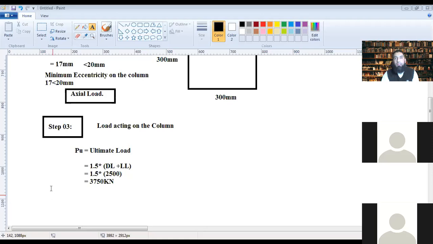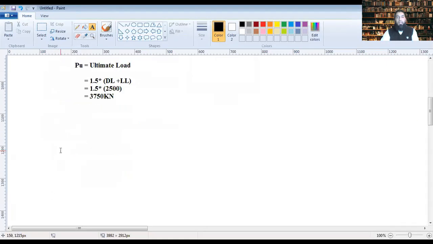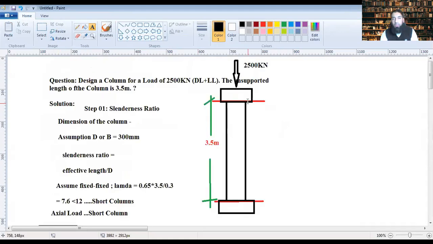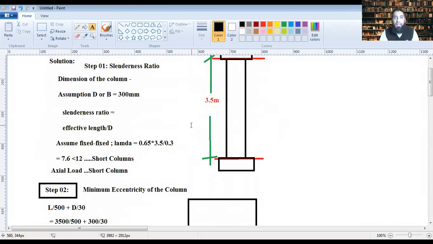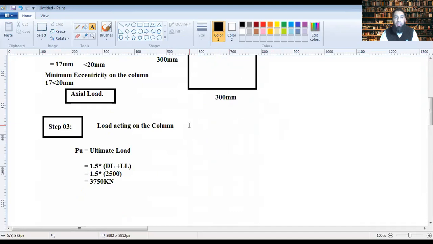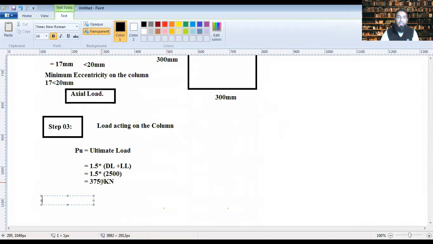Once you have calculated the ultimate load acting on the column, you are designing it for axial load only, and you are designing the column as a short column. The dimension assumed as of now is 300 by 300; we'll check whether it is feasible, but we do not need to check it separately.